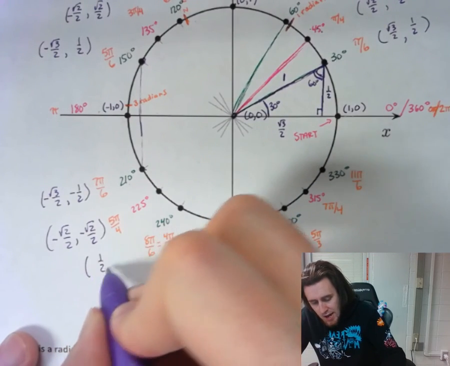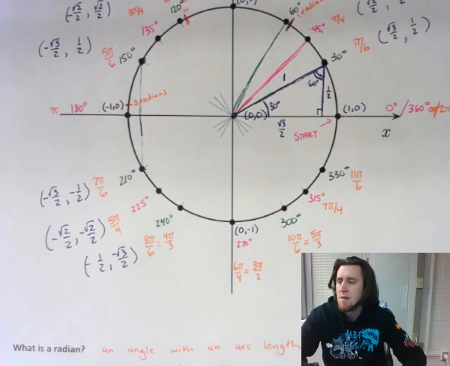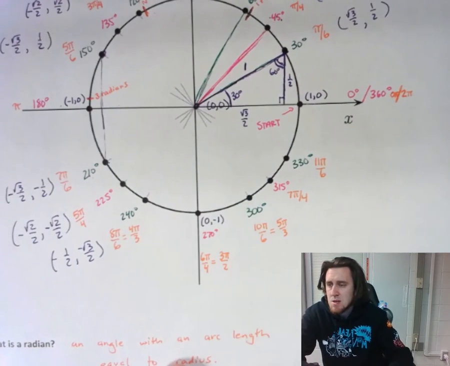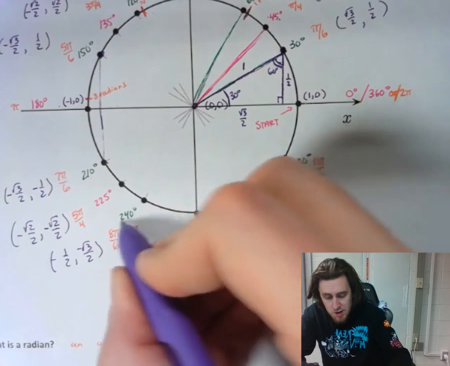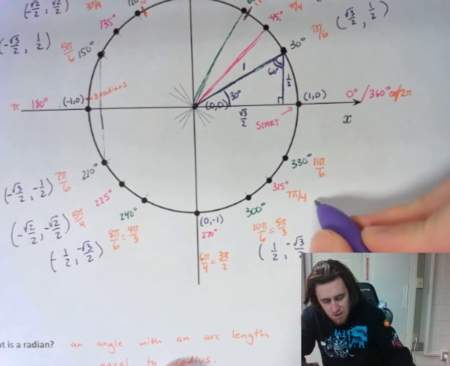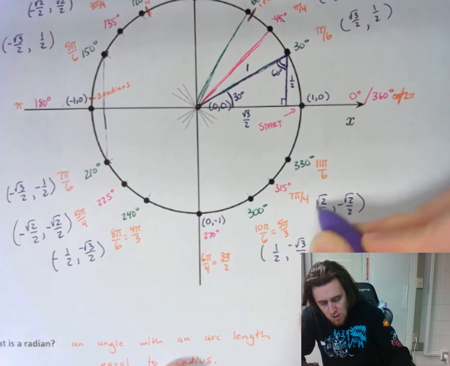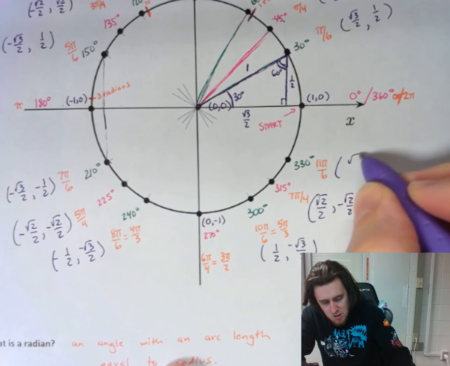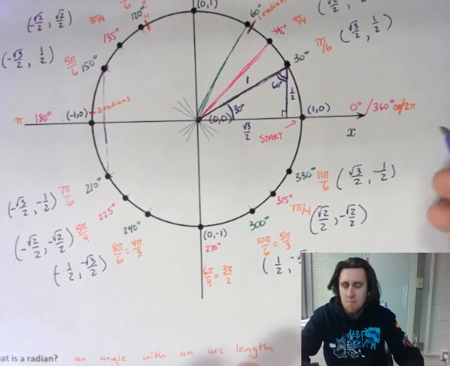And then 1/2, root 3 over 2, and they're both negative. Going straight across, the point at 300 is going to be the same as the point at 240, except in this quadrant, only the y values are negative. Okay, so you're just filling in those same numbers over and over again until you're done.